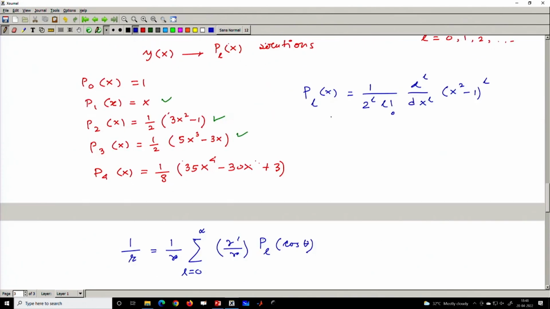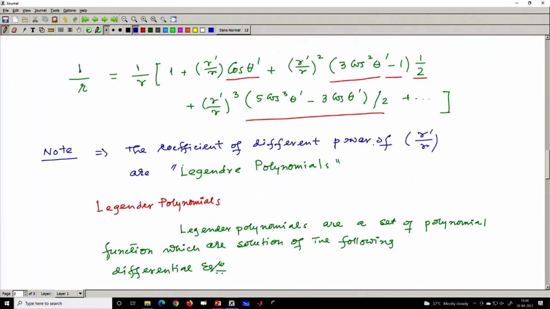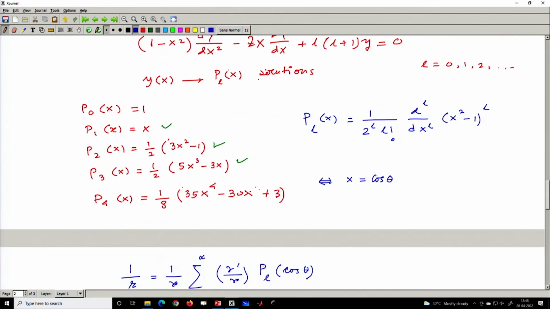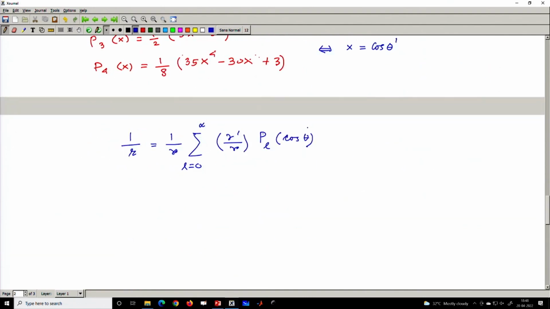If I replace x by cos theta here, then I will go back and check, and we will find this one. Cos theta means cos theta prime, because everything is in prime. So, I should put a prime here.